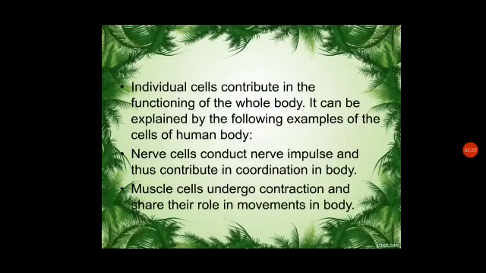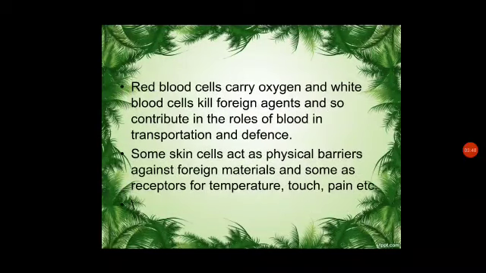Individual cells contribute to the functioning of the whole body. It can be explained by the following examples of cells of the human body. Nerve cells have to conduct nerve impulses, so they are long in structure. Muscle cells undergo contraction and play their role in the movements of the body. As I already told you, red blood cells carry oxygen and white blood cells kill foreign agents, so they contribute to the role of blood in transportation and defense.